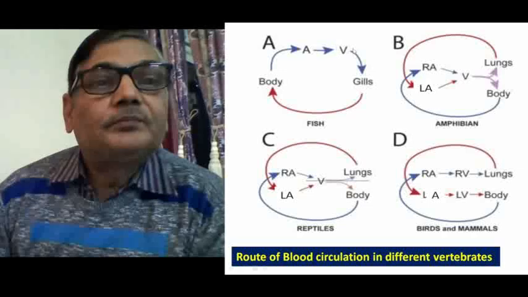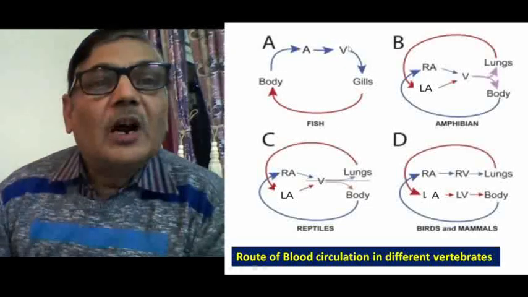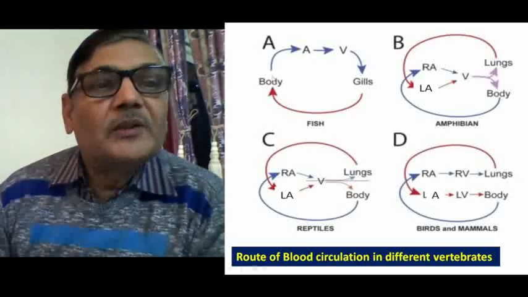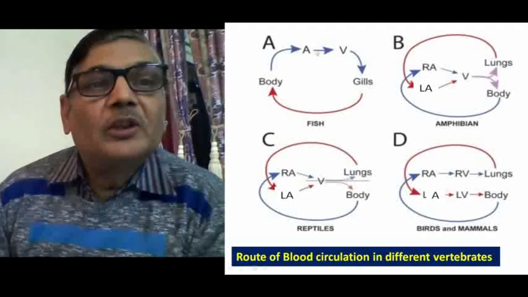See here, in case of fishes, the heart is two-chambered, that is one auricle and one ventricle. And this heart always contains venous blood because from different parts of the body, veins collect venous blood and such blood is poured into the auricle.